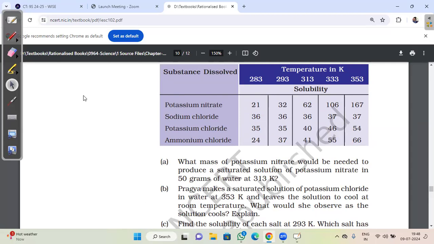Who will answer? Sampath? How many grams of potassium nitrate are required in 50 grams of water at 313 Kelvin?